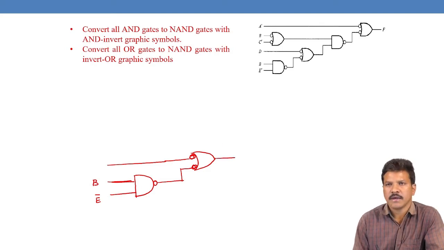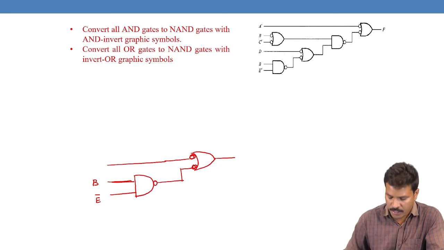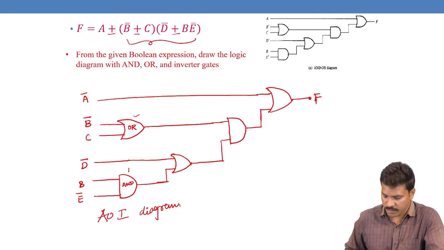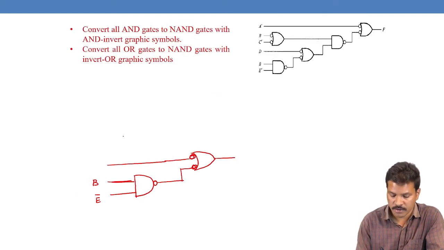Next here it is an OR gate already, so this OR gate also bubbled OR gate. We can take bubbled OR gate.